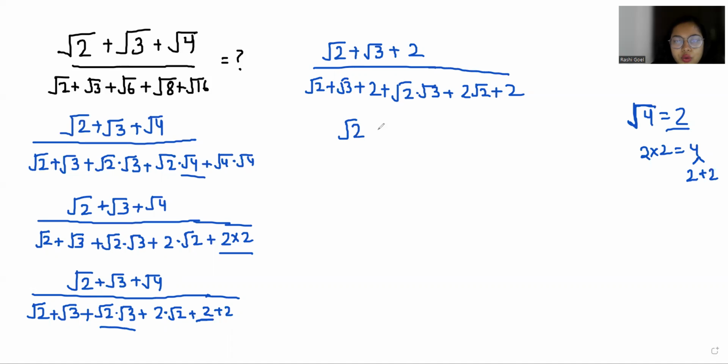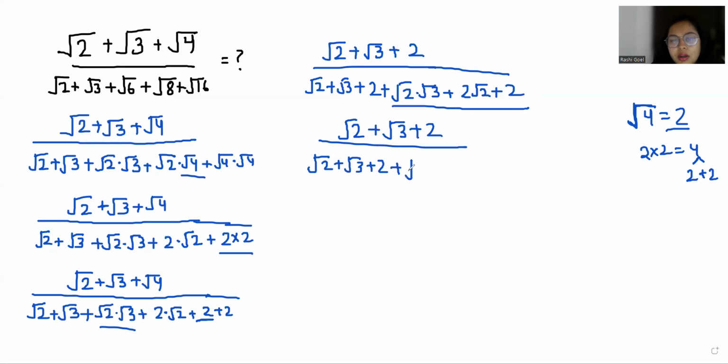Now square root 2 plus square root 3 plus 2 by square root 2 plus square root 3 plus 2 plus, if I take square root 2 as common, what is left? Square root 3 plus square root 2, plus this 2 and square root 2 give us square root 2.